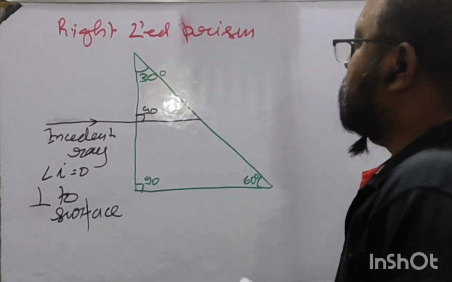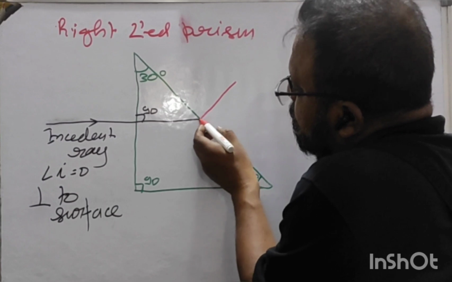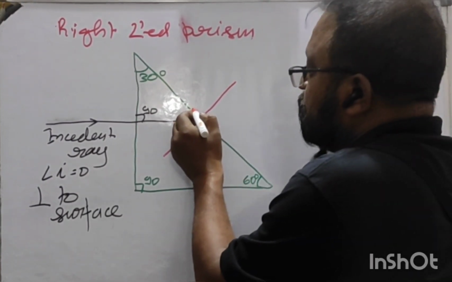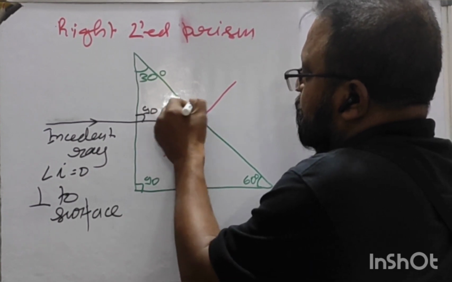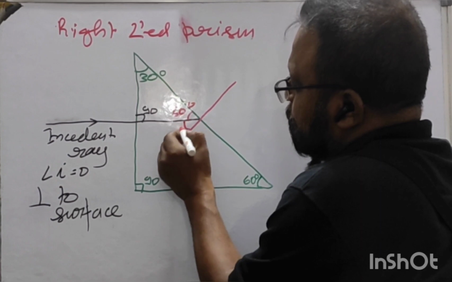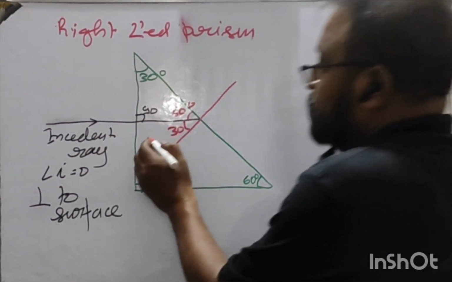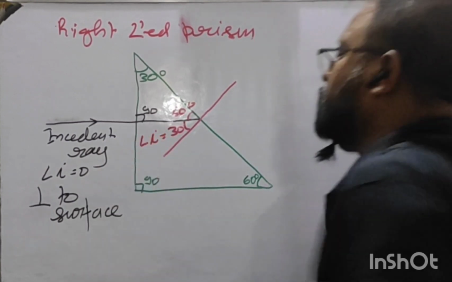Okay. When this is 90 and this is the normal of this, what happens? This is 60 degree, then this is 60 degree, then this is 30 degree. So the angle of incidence is 30 degree.